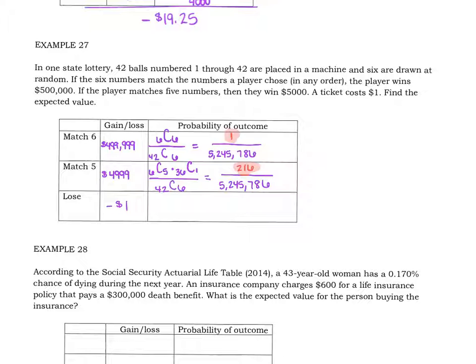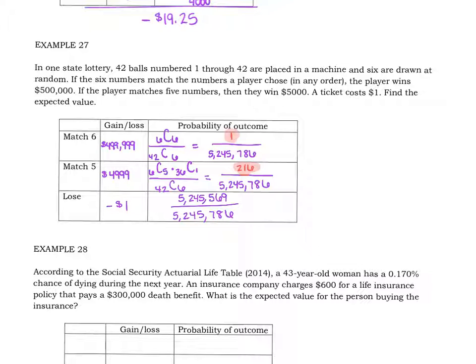If you subtract the 217 different ways you could win some amount of money, that leaves us with 5,245,569 different sets of numbers that are losing numbers. You're not going to win anything. And again, that's found by taking that denominator and subtracting the 1 that matches 6 and the 216 ways that you can match 5 of those numbers.